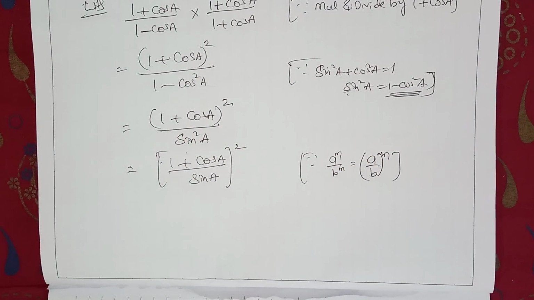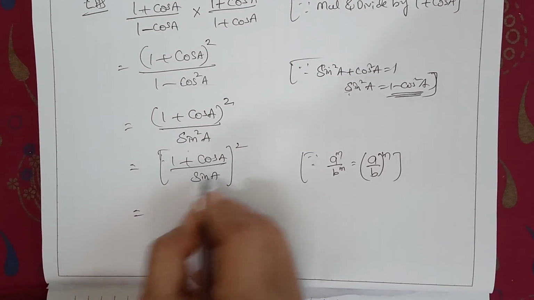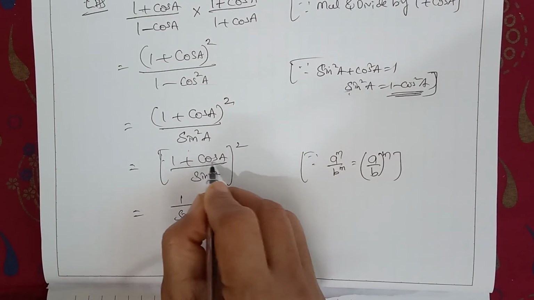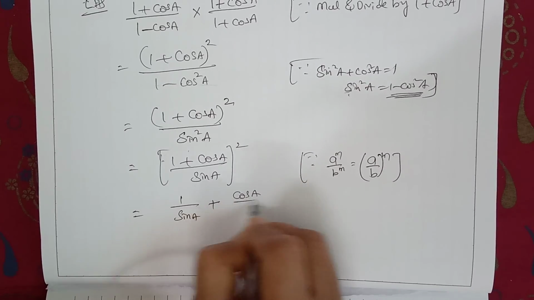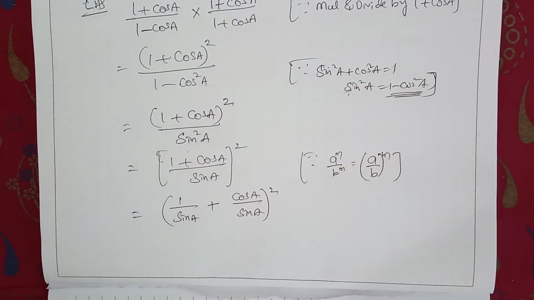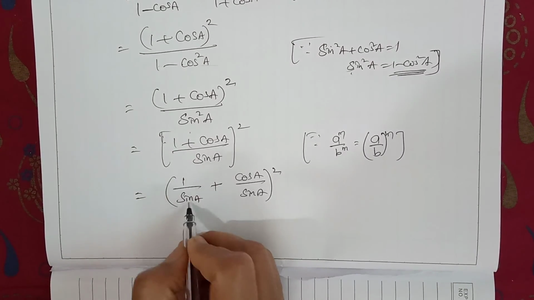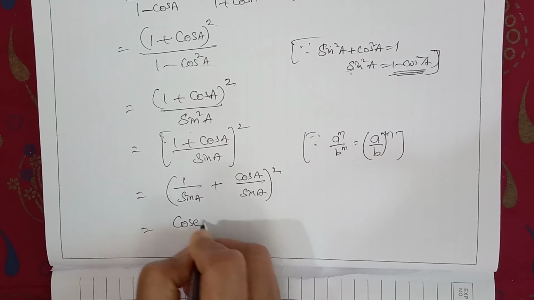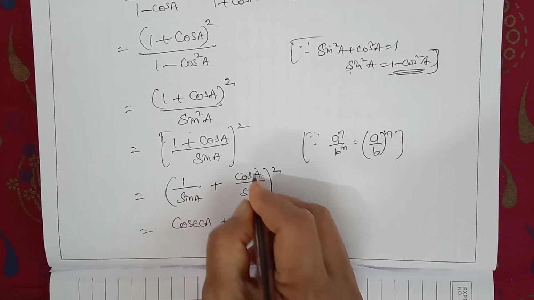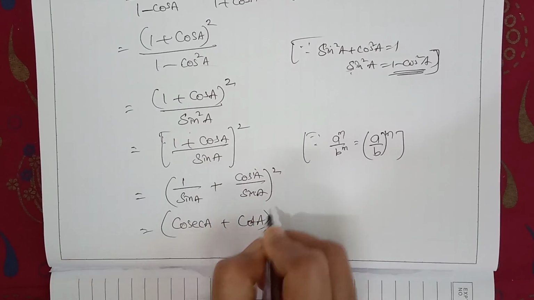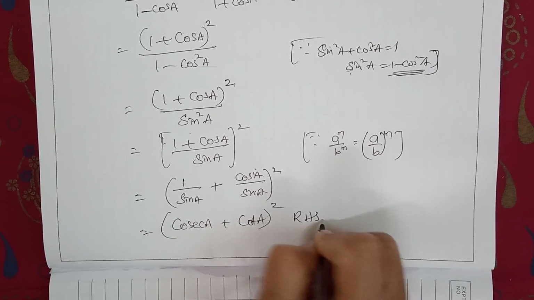In this way we can write, no? Yes. Now this is what? 1 by sin A inside the bracket, separating the terms, plus cos A by sin A, okay, children? Whole square. Now 1 by sin A is nothing but cosec A, and cos by sin is what? Cot A. Whole square. This is the RHS.